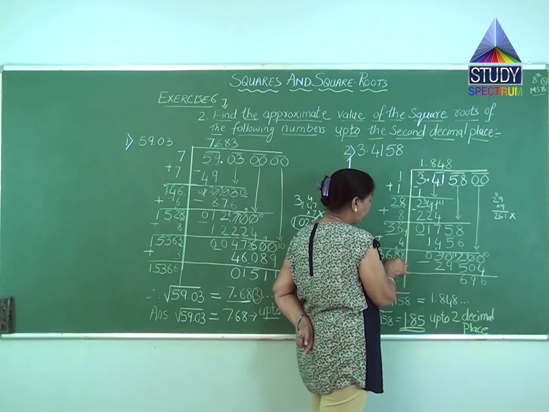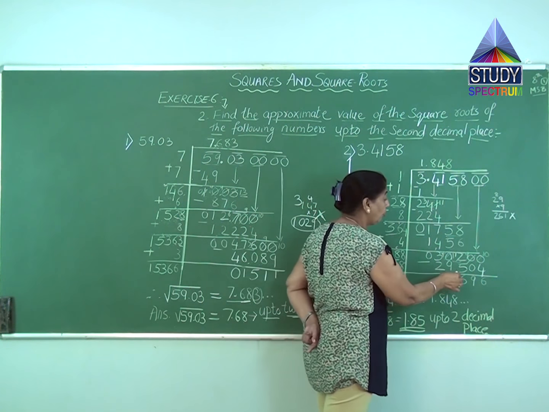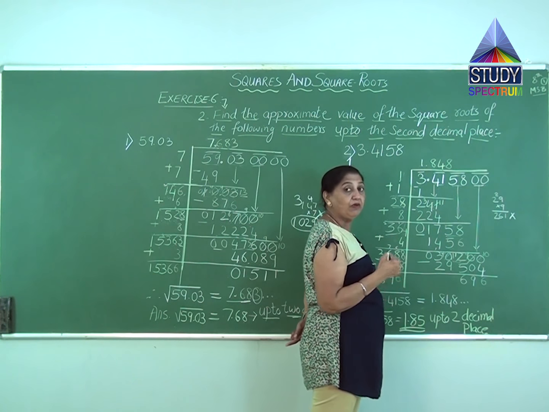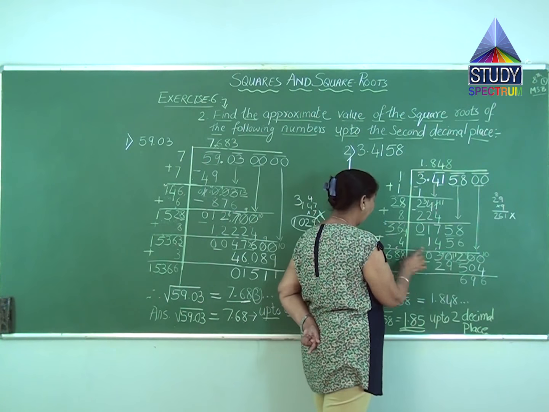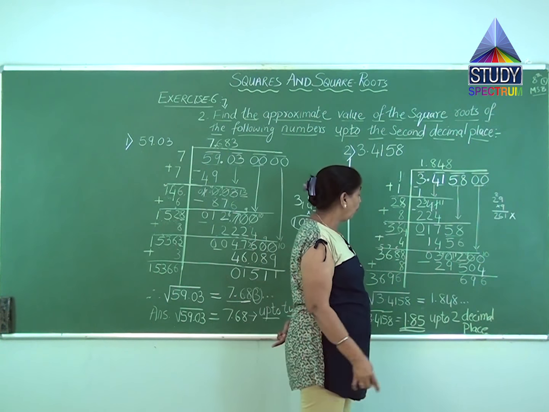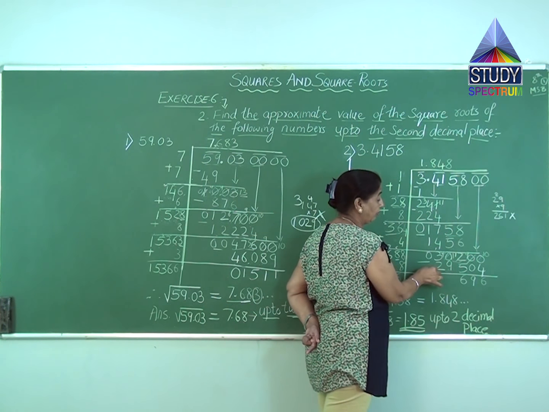Then 8 into 8 again 64 plus 6, that is 70. So 0, 7 carry. Now again 8 into 6 is 48. 48 plus 7 gives me 55. So I will write 5, 5 carry. Now 8 into 3 is 24. 24 plus 5 gives me 29. So I will write 29.